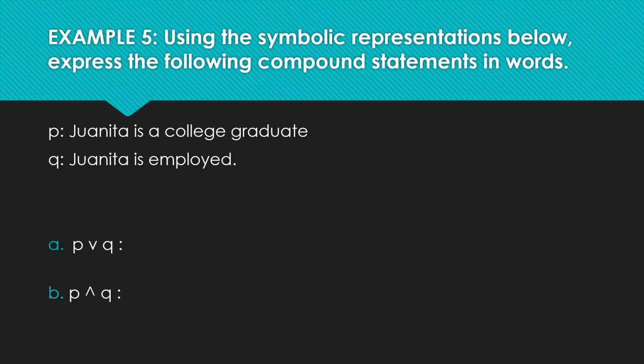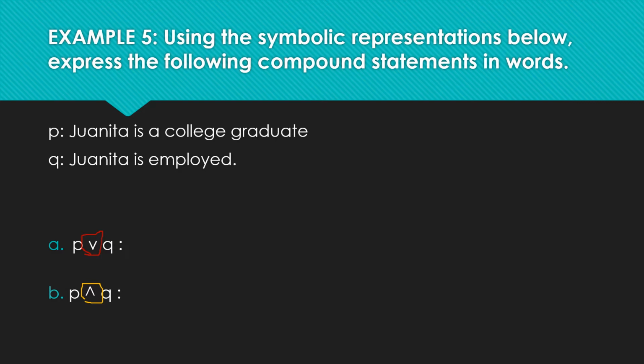Q is the statement, Juanita is employed. So part A, it says we're looking at P or Q. Remember this symbol right here. That's our symbol for a disjunction, which is or. And then part B is looking at P and Q. So that's our symbol for a conjunction, which is and.